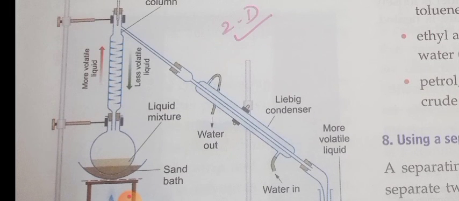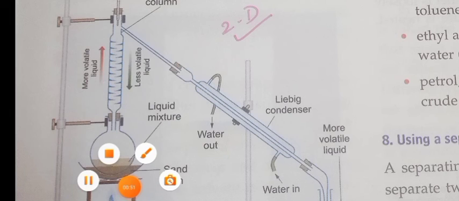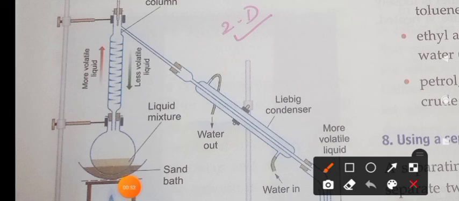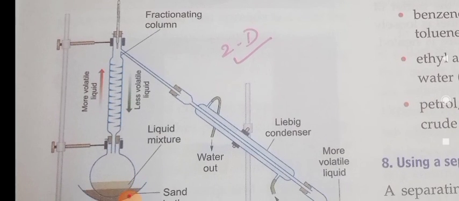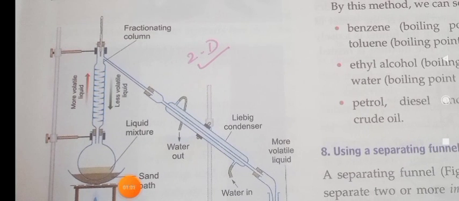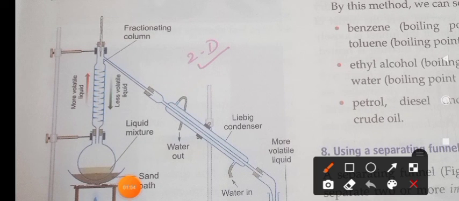Here the distillation flask is covered with a fractionating column, and in this fractionating column, the more volatile liquids first enter into it.